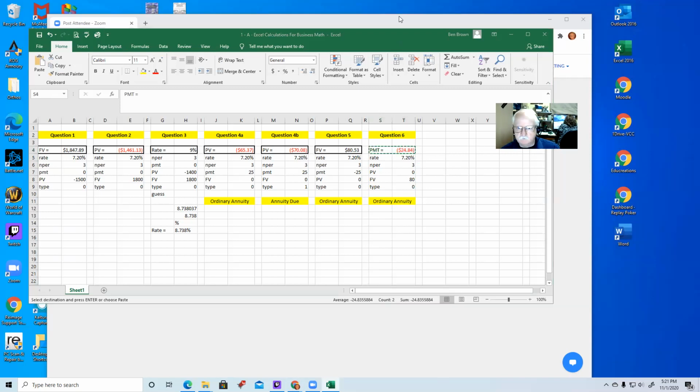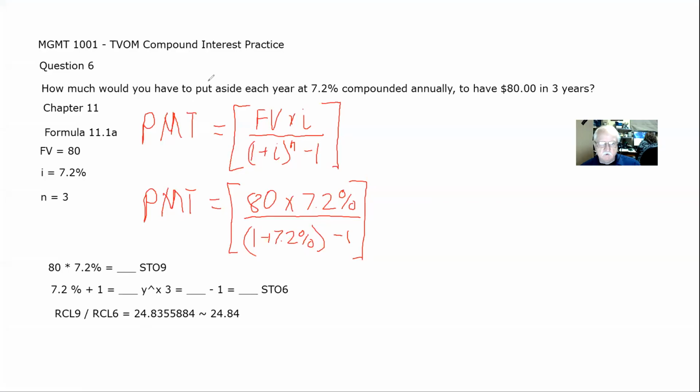And so let's paste it here, 24.84, and we can see that it's exactly the same numbers we got with our calculation, although the cash flow concept says it has to be negative, which makes perfect sense because we have to put the 24.84 into the investment.